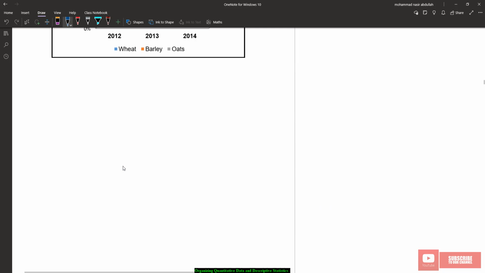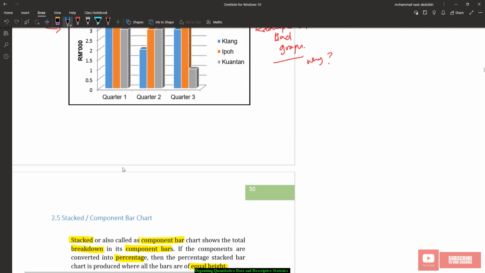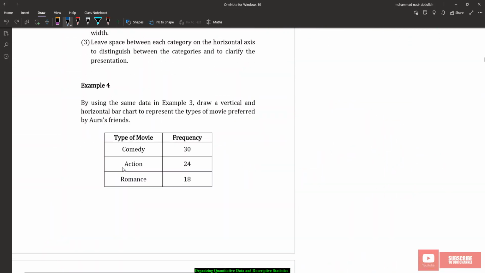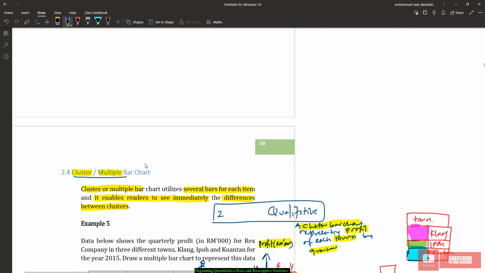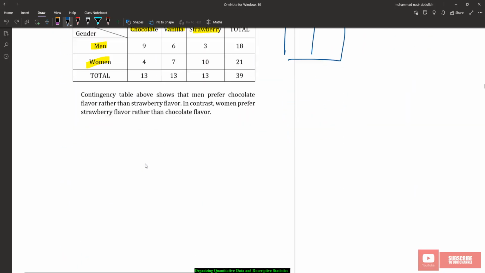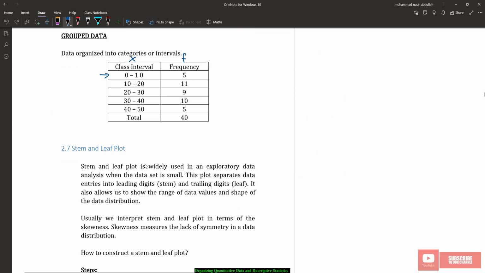Let's look at the previous one. We have the same presentation: an X column and a frequency column. Instead of a classification category for each row, such as comedy, action, and romance, for quantitative data we have a range of data from 0 to 10, 10 to 20, 20 to 30, and so on.